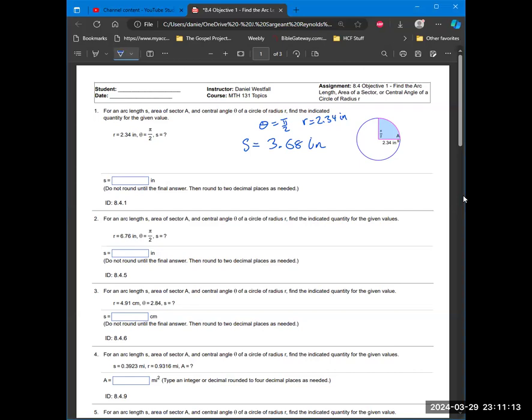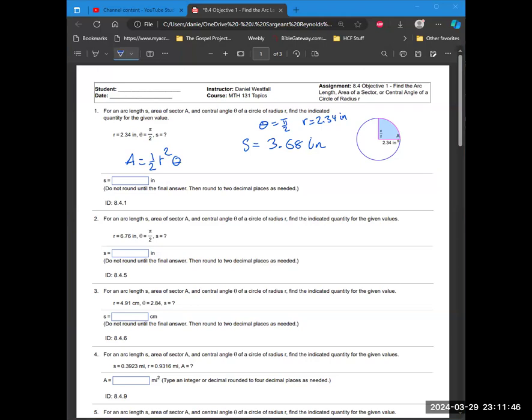Inches. They didn't ask us for our area, but our area is going to be 1/2 r squared theta. And so we could find that as well. 0.5 times 2.34 squared times pi over 2.